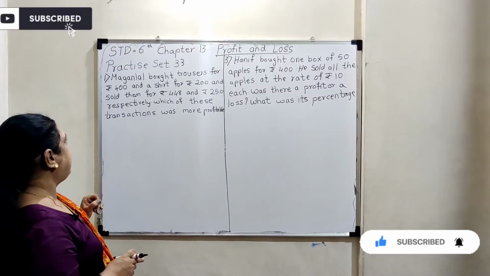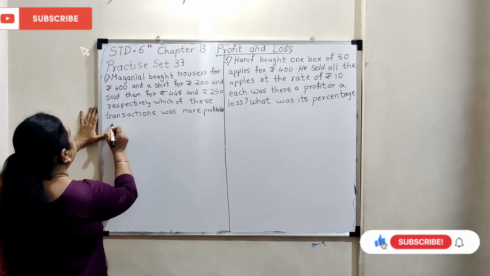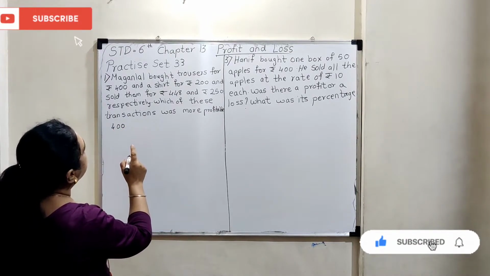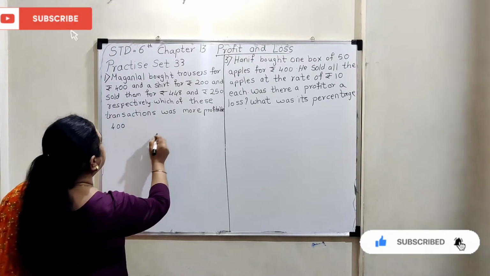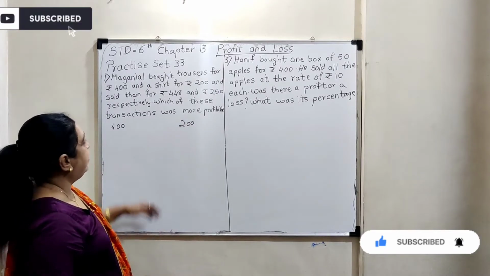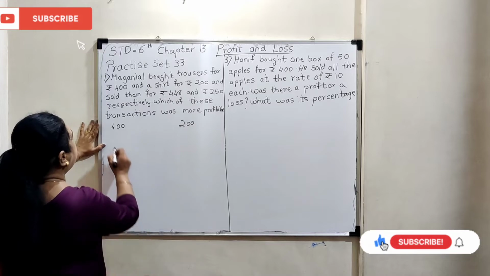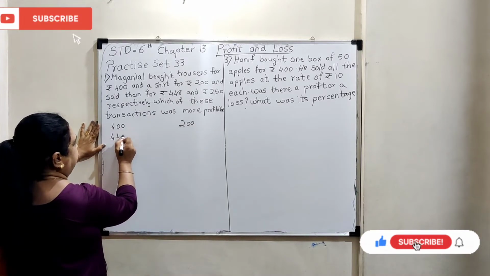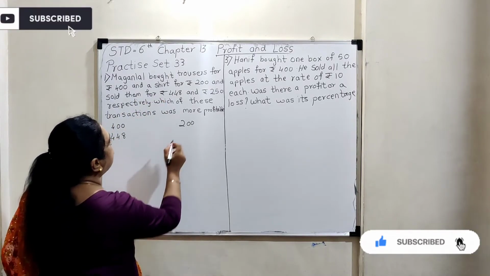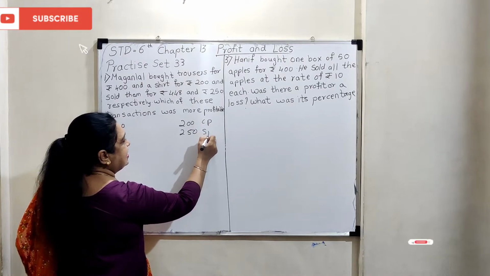First of all, Mangaldas bought trousers for how much? 400. And he bought the shirt for rupees 200. Now he sold them. Trousers he sold for 448 and shirt he sold for 250. This is the cost price and this is the selling price.